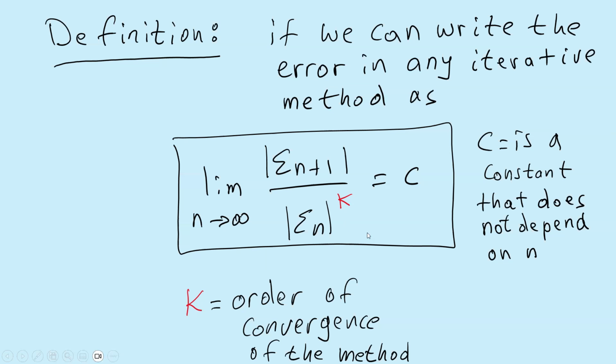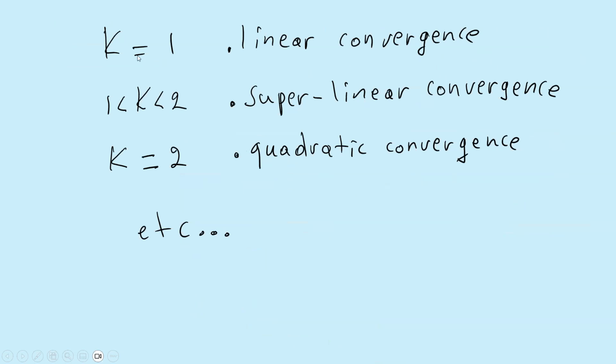What is the range of K? If the value of K is 1, the method has linear convergence. If K is between 1 and 2, the method has superlinear convergence. And if K is 2, the method has quadratic convergence, and so on.